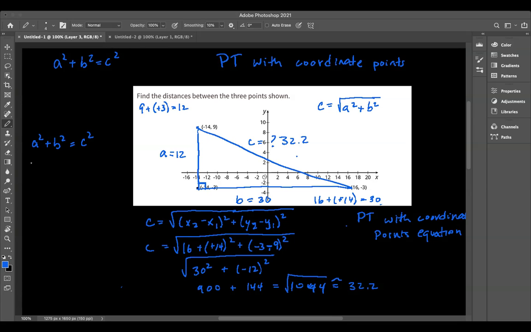Okay, so if we square 30 and 12, that's going to equal 900 and this is going to equal 144, and that's going to be c squared. And then from there, we add those together, and then we square root both sides, and that's going to be 1044.